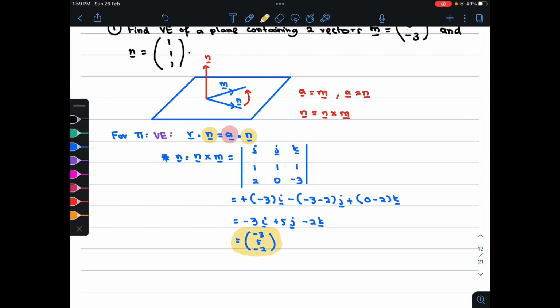And the normal vector is -3, 5, -2. And say that for vector a, I'm going to take the vector m as the vector a.